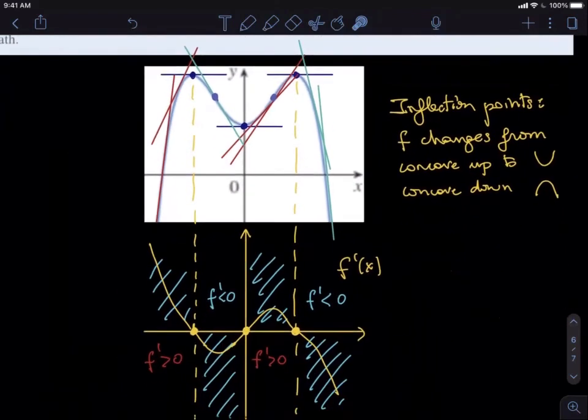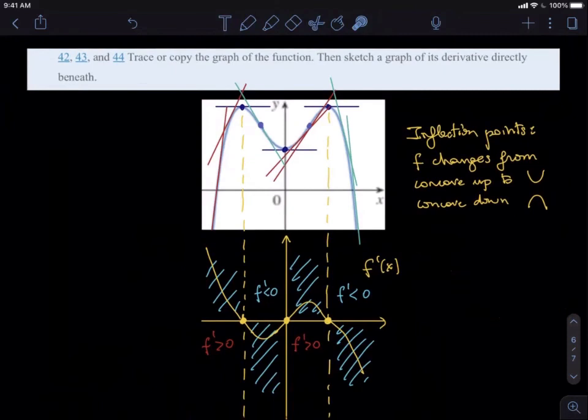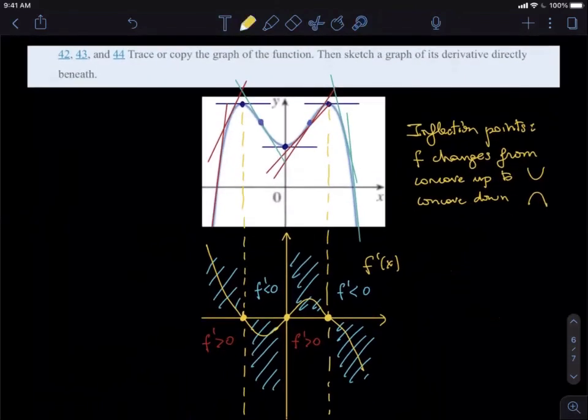And when we look at the graph of the derivative, we can see the inflection points that are a minimum and a maximum of the derivative function.